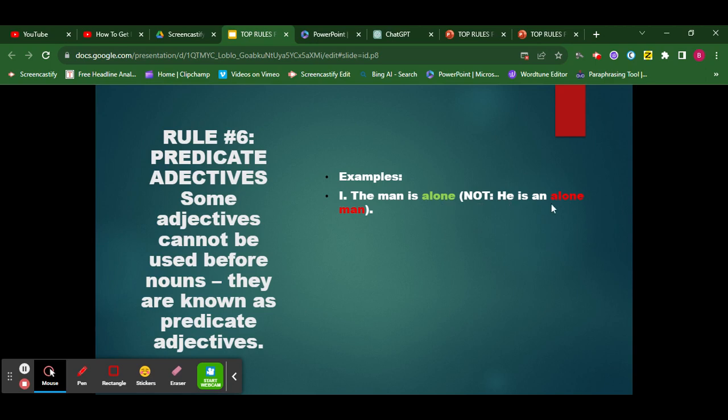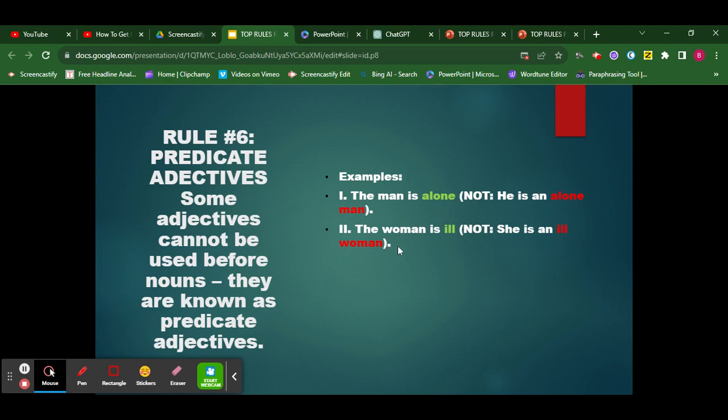So you cannot say he is an alone man. No, you can't use alone in that way. So when an adjective can only be used after a verb, for example, it is known as a predicate adjective. The rule is that it cannot be used before nouns.